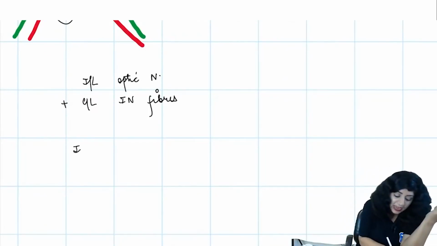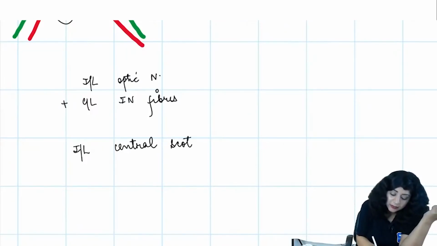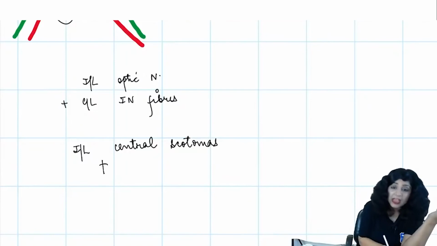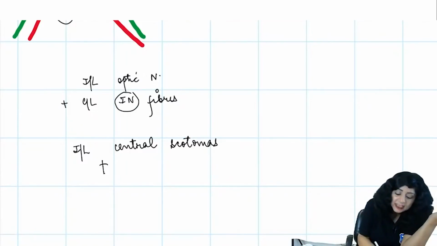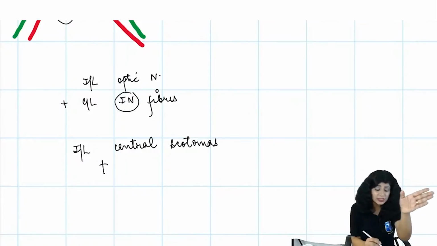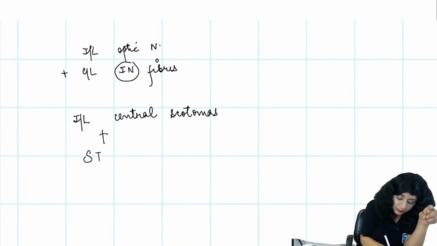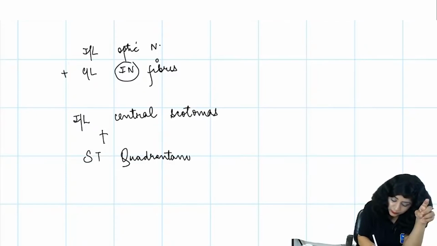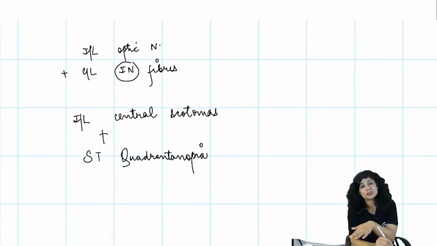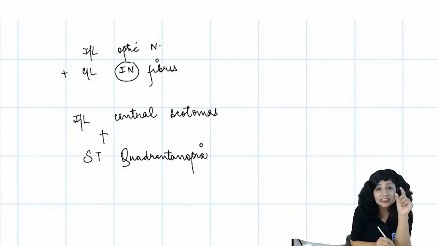That is why I will have an ipsilateral central scotoma, plus, because I have just the infranasal fibers involved, and we know the field which is involved is always diagonally opposite, the other side will have a supratemporal quadrantanopia. So the opposite side has a supratemporal quadrantanopia, and the ipsilateral side has a central scotoma. Whichever side has the central scotoma, that side will be the affected side.